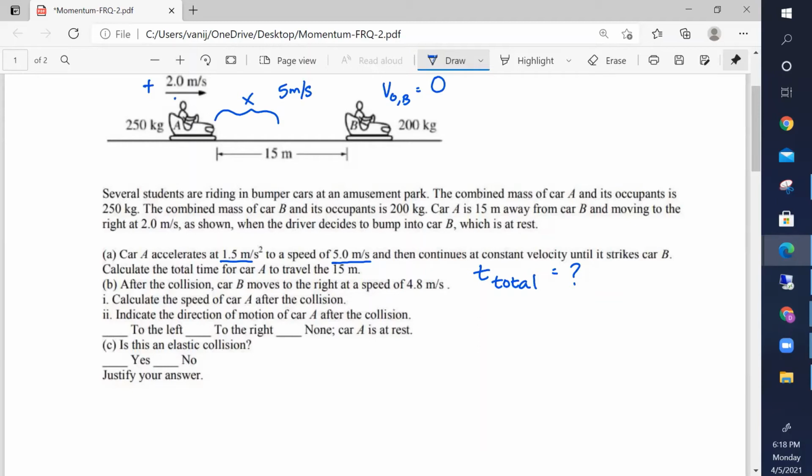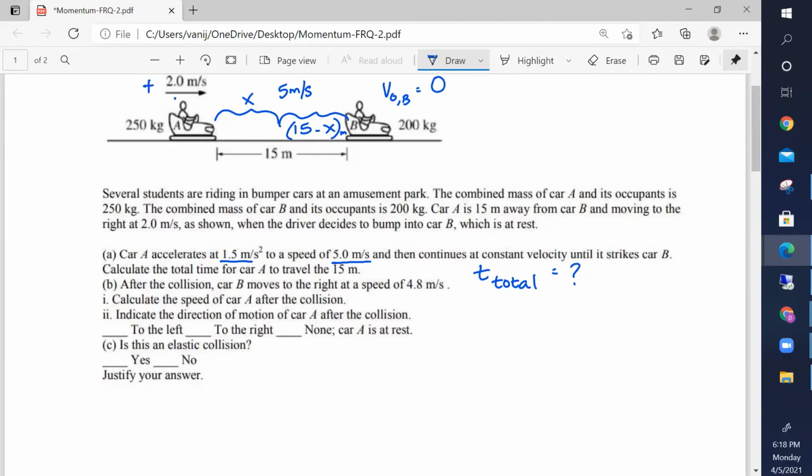Once it reaches that 5 meters per second speed, then for the remaining distance, which is 15 minus x meters, it is moving with the same speed of 5 meters per second. I hope the problem is clear, right?